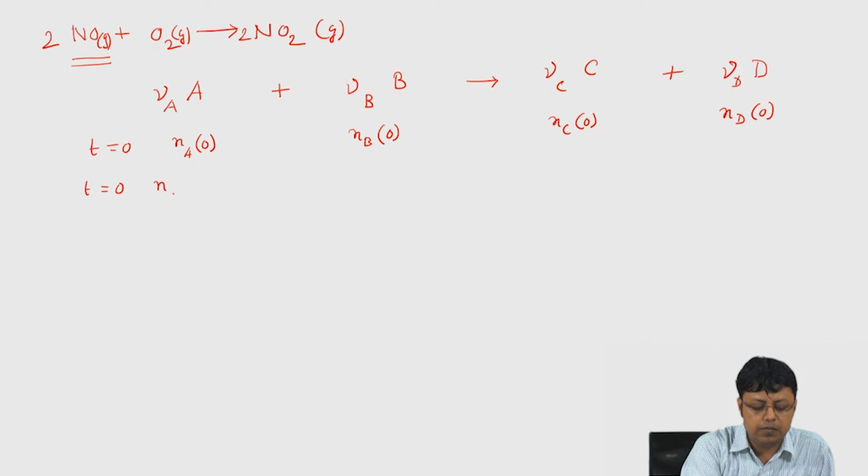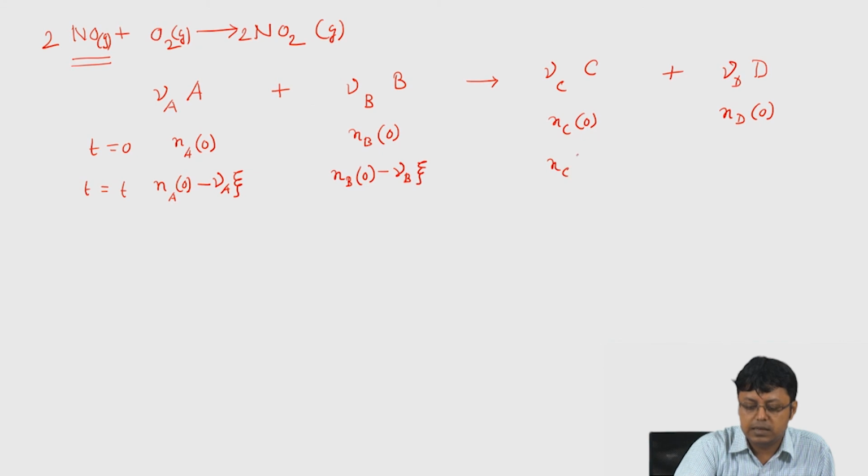So, the amount of N A that will be left at some finite time will be N A at time 0 minus nu A times xi, with a minus sign because it is being consumed. For N B it will be N B 0 minus nu B times xi.